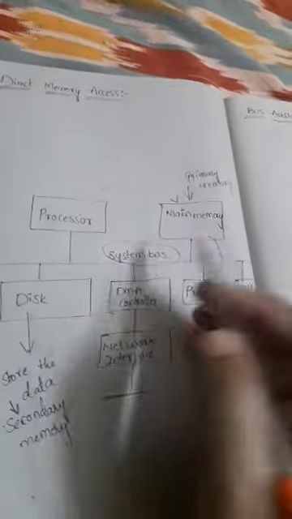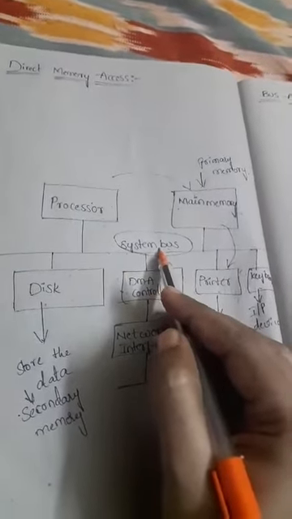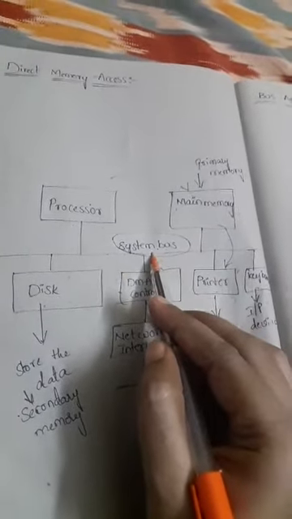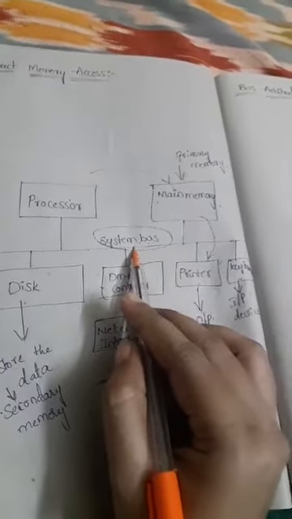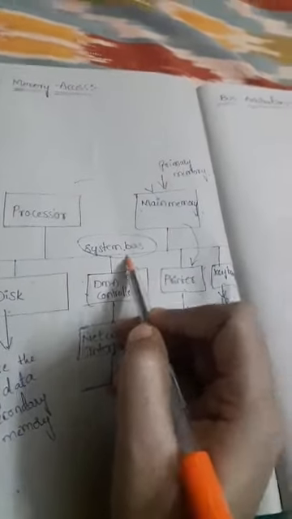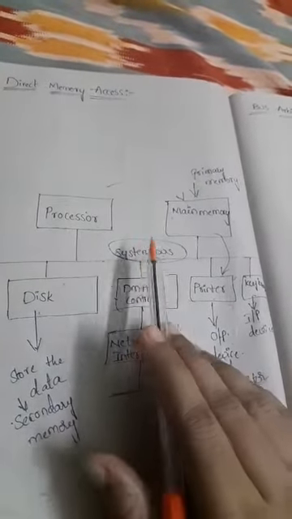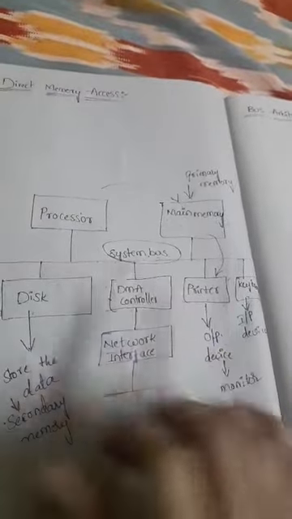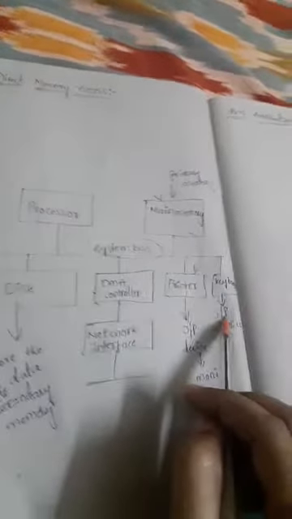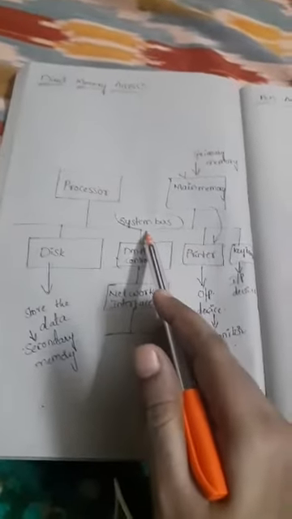This bus. This bus will always be available, and the bus can always do this. That means the input device request is sent to the processor with the help of the system bus.